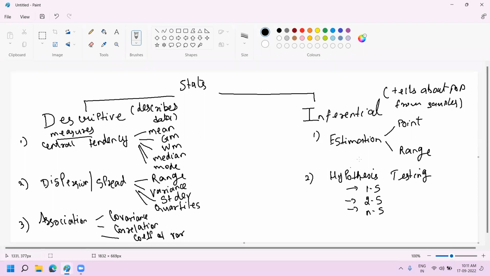One sample is for population and sample. Two sample again for population and sample. There are two variations in n sample. What are they? ANOVA. And what is the next one? Chi-square.